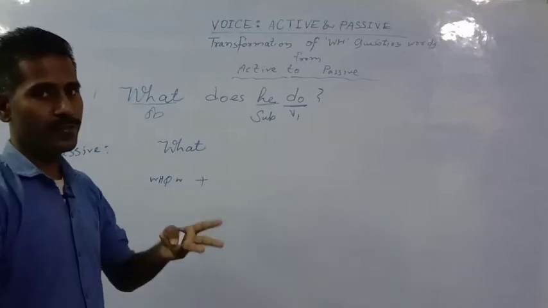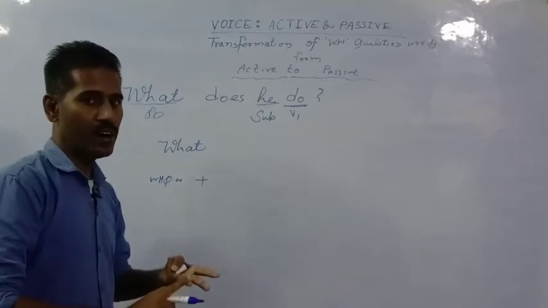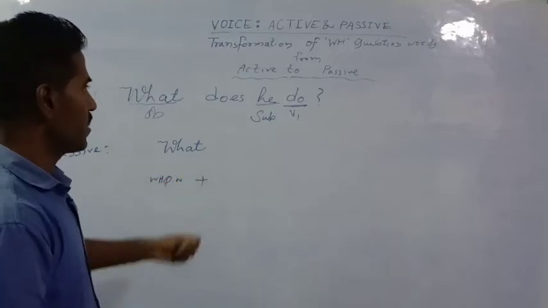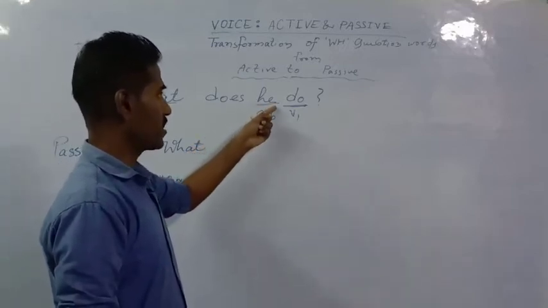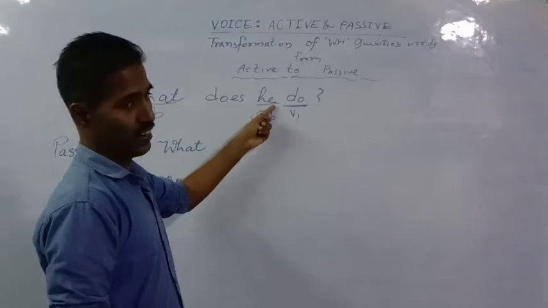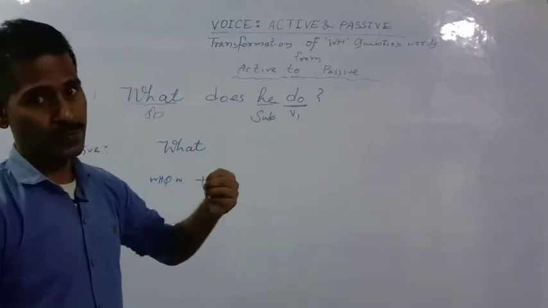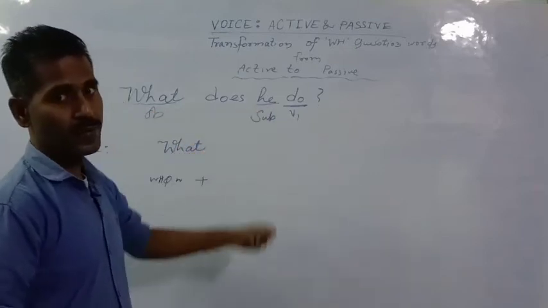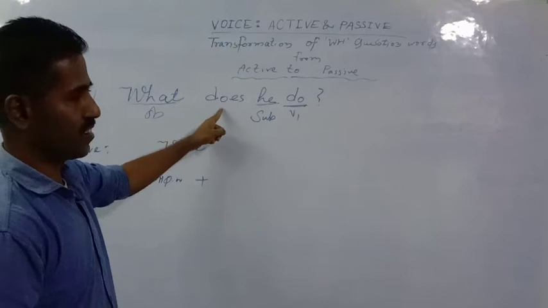Now out of these three, whether am or is or are, that will rely on the new subject. In this sentence, he is the subject, he is third person singular number, so it is does.